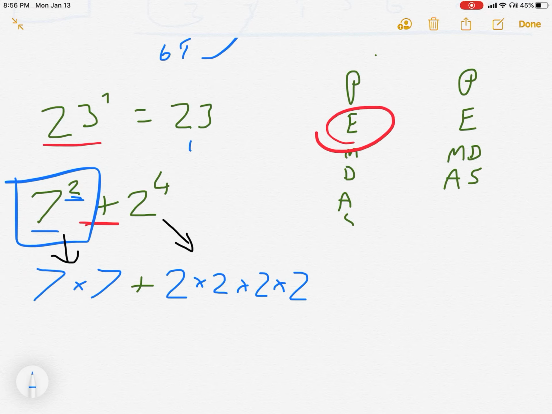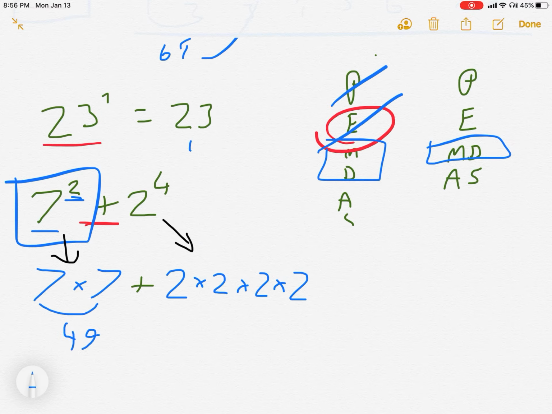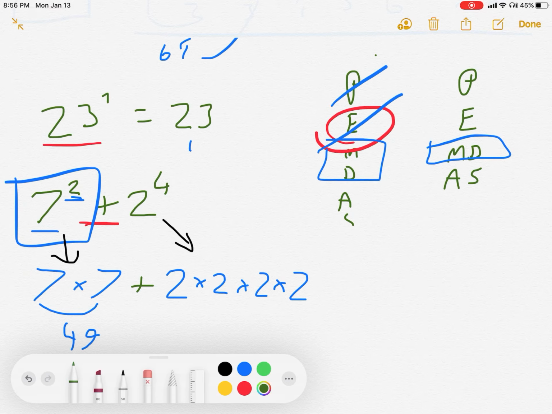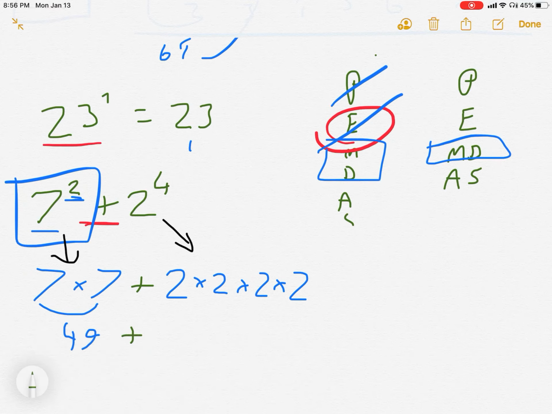All right, looking at our PEMDAS, we looked and there were no parentheses. We finished all the exponents. Now is the multiplication division level. So, do we have multiplication? We sure do. So let's do that. 7 times 7 gives us 49. I am not even thinking about this plus, not even thinking about the addition, because we're not on that level yet, so I just drop it right down.